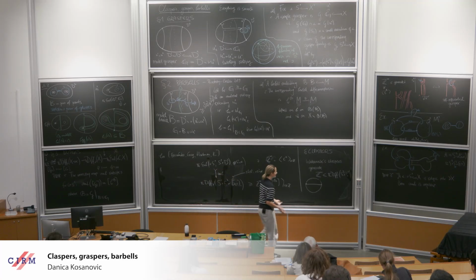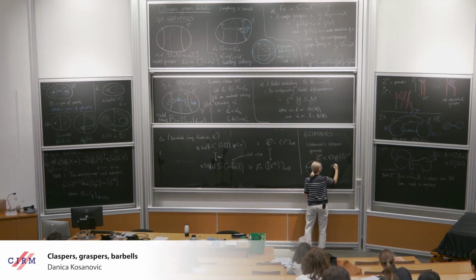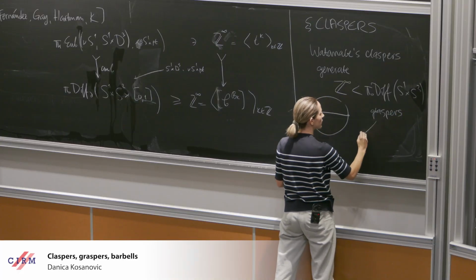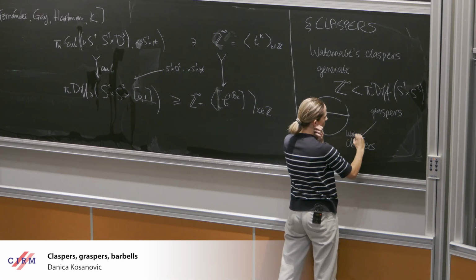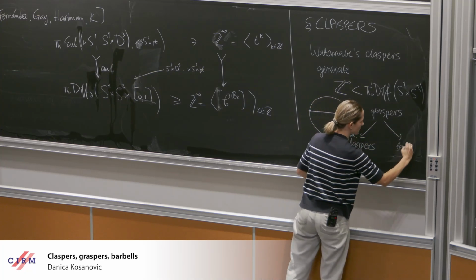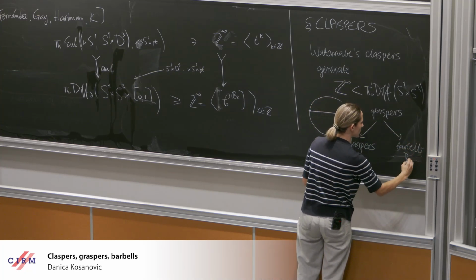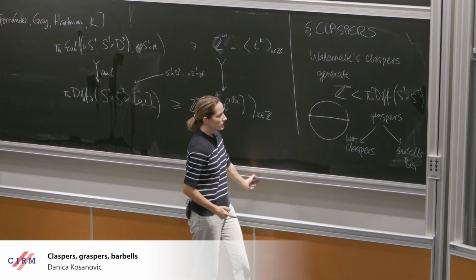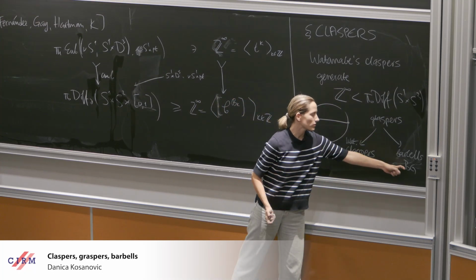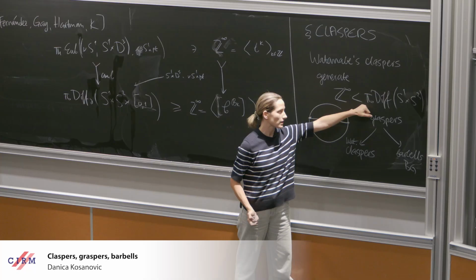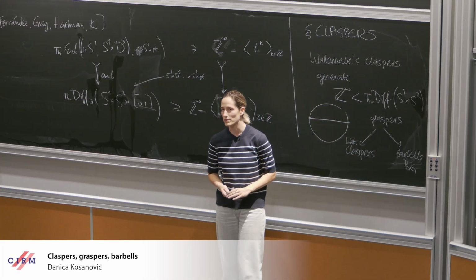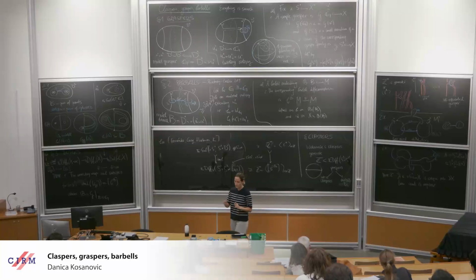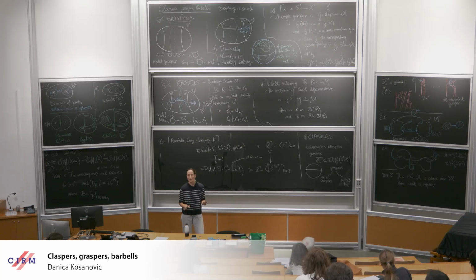And so Graspers give both claspers of Watanabe and also barbells of Budney-Gabai. So because both Watanabe and Budney-Gabai construct a Z infinity in here, using Graspers you can compare them and see that they're actually the same diffeomorphisms. You just need to choose parameters correctly and you get exactly the same ones. Okay, thanks for the attention.